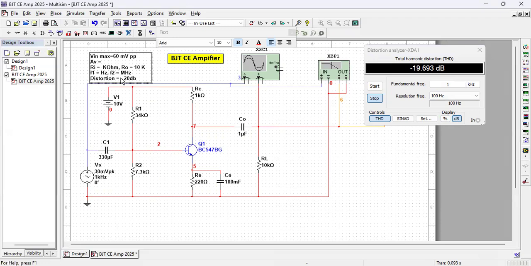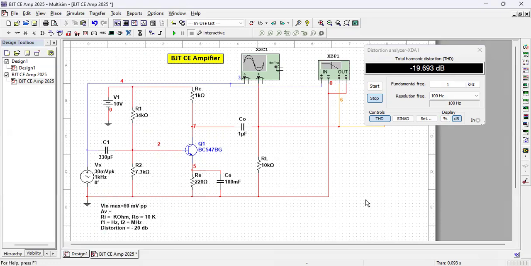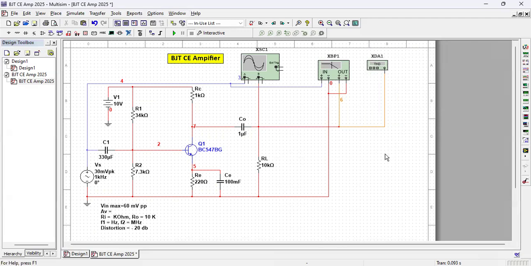Let me write it here. It looks better. Distortion is minus 20 dB, right? So these two we have measured: the maximum input to this amplifier and distortion of minus 20 dB.